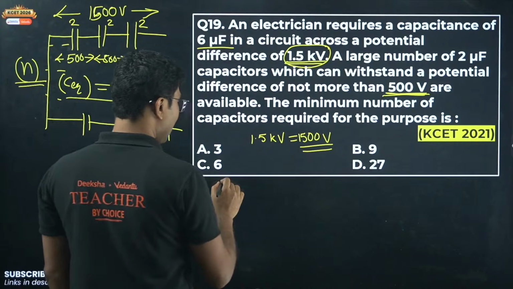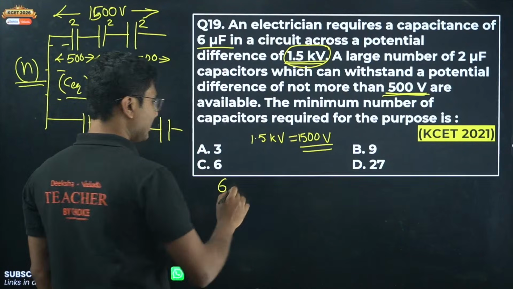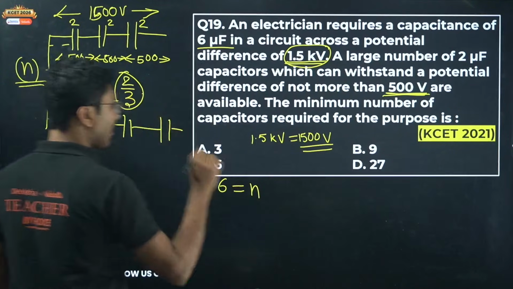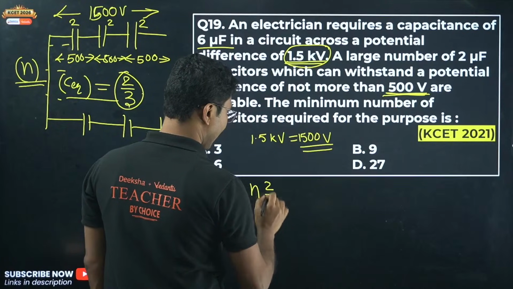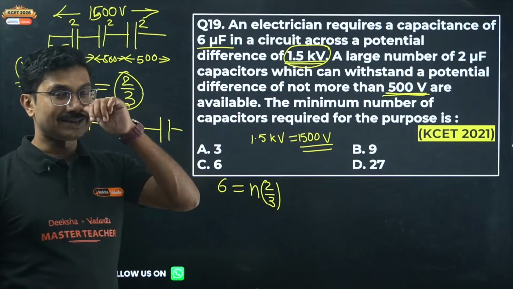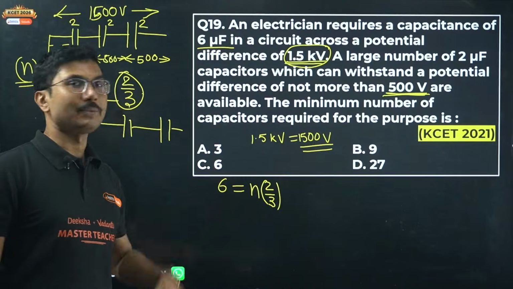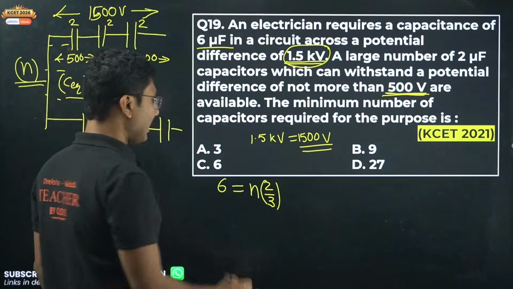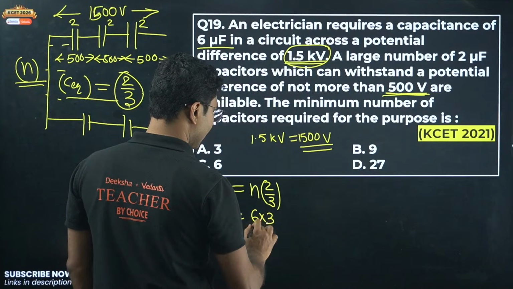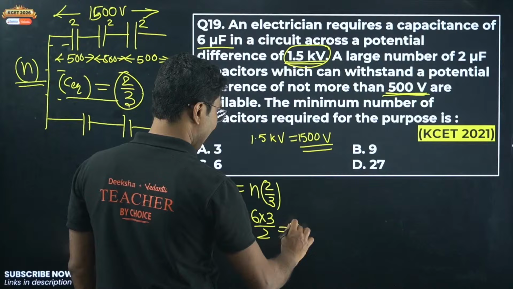The total capacitance that we require is 6 microfarad. In parallel combination, capacitances simply get added. If n capacitors have the same capacitance, you can simply multiply by n. You can calculate n equals 6 into 3 divided by 2, that is 9.